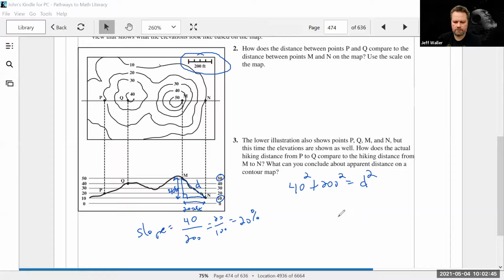Round it to the nearest... what is this in? Is this feet? Yeah, round it to the nearest foot.